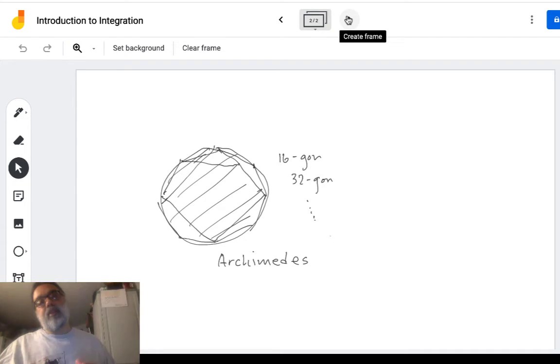Much like when we were thinking about derivatives and we made our approximations closer and closer, it didn't get ridiculous. It didn't vanish. It didn't go to infinity. It approached like a specific number. And that's why Archimedes was able to figure out there's this number pi, which on a circle was the ratio of the circumference to the diameter.